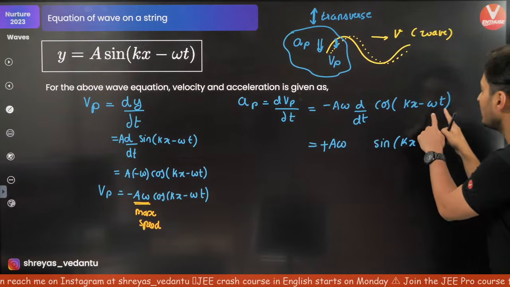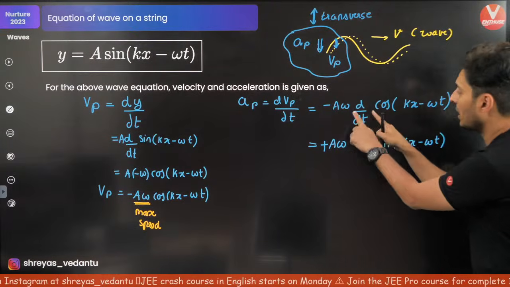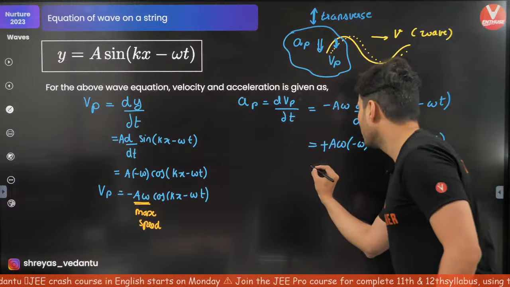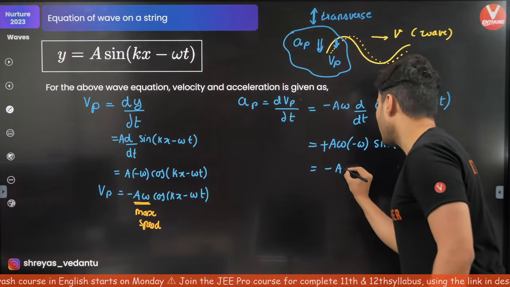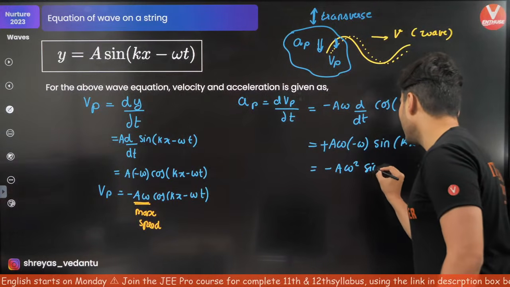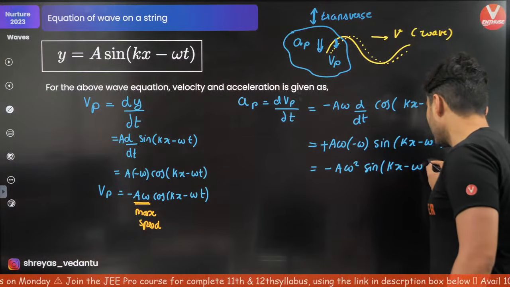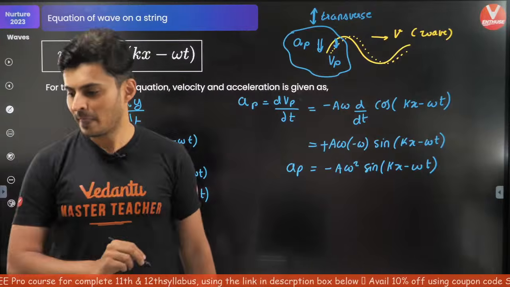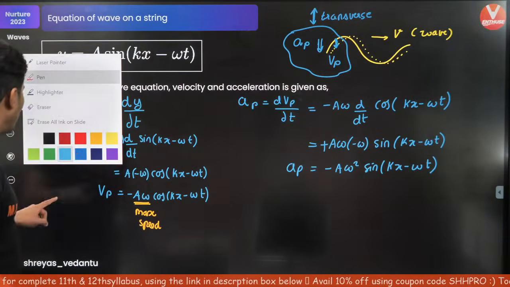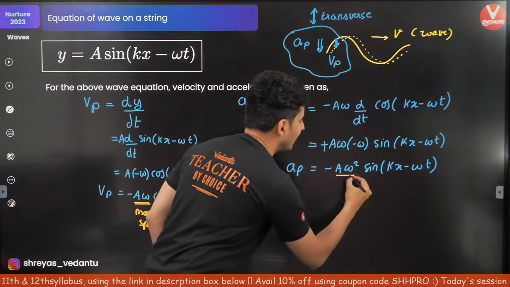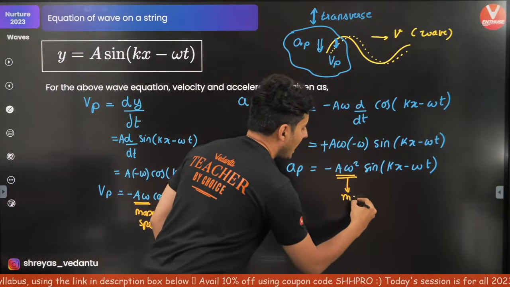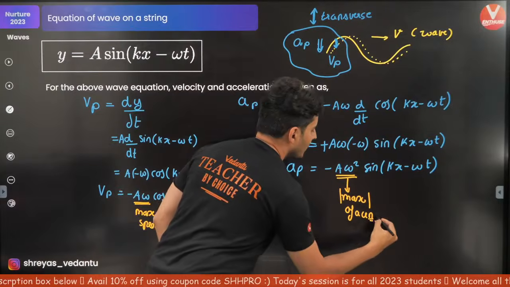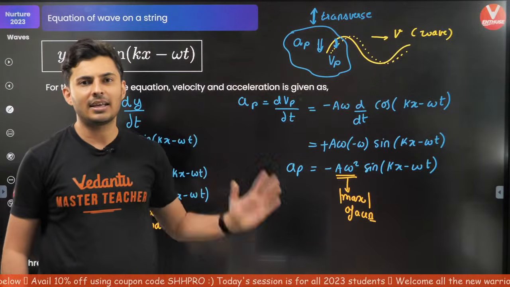But remember, the coefficient of time, minus omega, should come outside because of the chain rule. So put that minus omega outside. So it will now become minus a omega square sine(kx minus omega t). So this is your acceleration of the particle. Again you can see this part over here is your max magnitude of acceleration, a omega square, exactly like SHM.